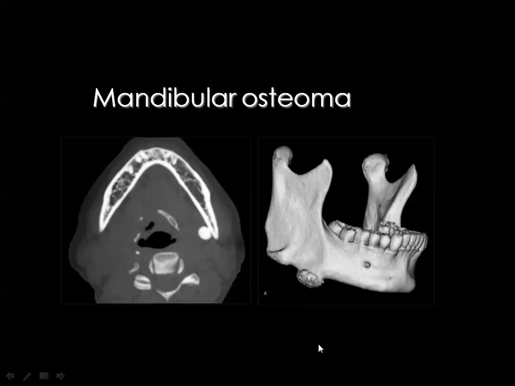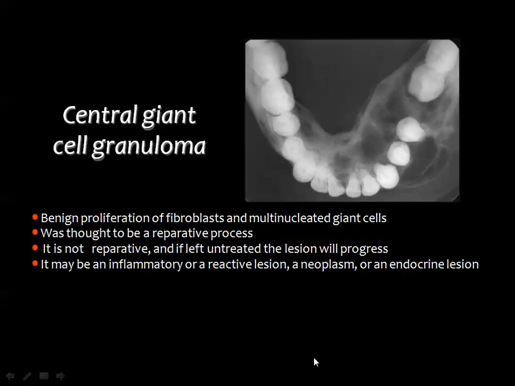And this lesion, previously it was known as reparative granuloma, but now its name is the central giant cell granuloma. This lesion histologically is just the proliferation of the fibroblasts and giant cells, resulting in an expanding osteolytic lesion in the mandible. And actually it is not known whether it is an inflammatory lesion or a reactive lesion or a true neoplasm or the sequelae of endocrine abnormality.